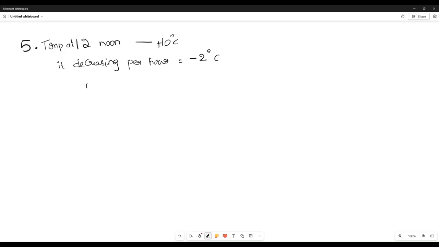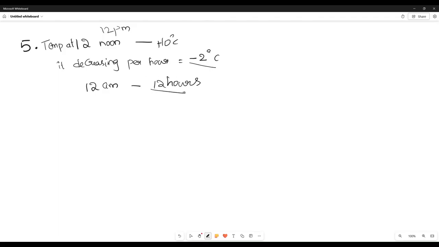Till when is it decreasing? Till midnight, means 12 p.m. to 12 a.m. Between 12 p.m. and 12 a.m. we have 12 hours. So for 1 hour it decreases 2 degrees.